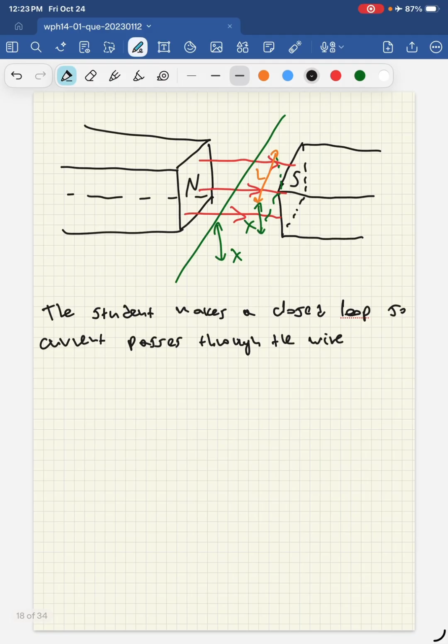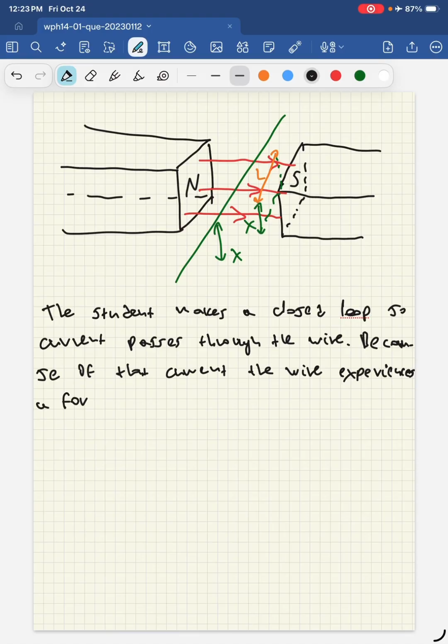So the closed loop is formed by the hands of the student. Because of that current, the wire experiences a force F equal to B times the current times the length, okay?